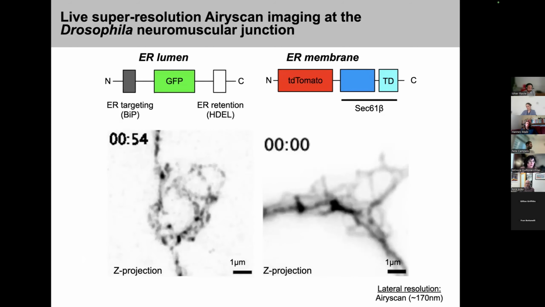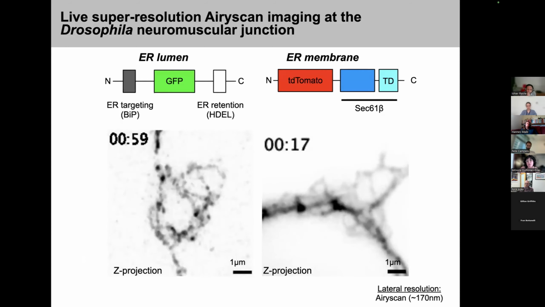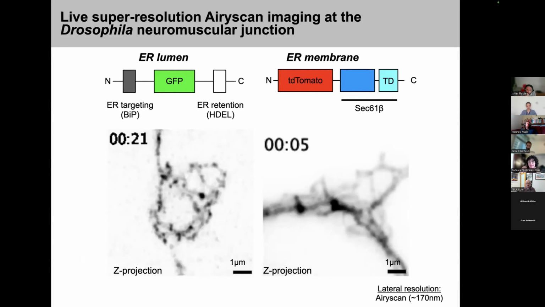I want to make a point that I'm going to be labeling the ER using two different probes: either a GFP that is targeted to the ER with a BiP chaperone ER targeting sequence and an ER retention sequence to visualize the lumen, and then to visualize the ER membrane, I'm going to be using a probe of Sec61 beta that's tagged with tdTomato.